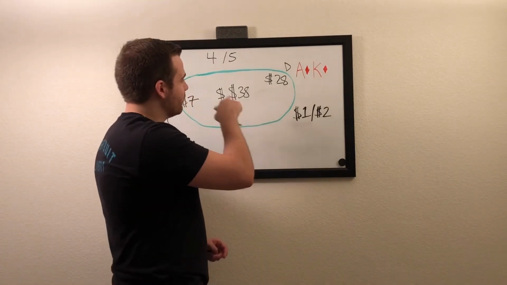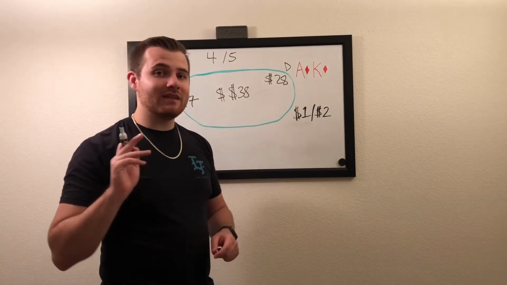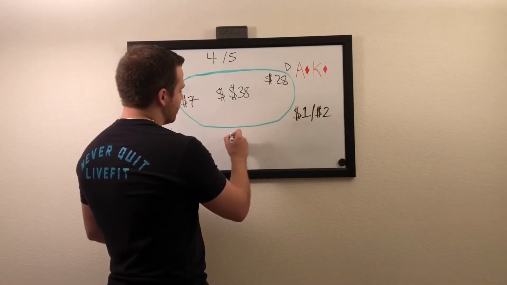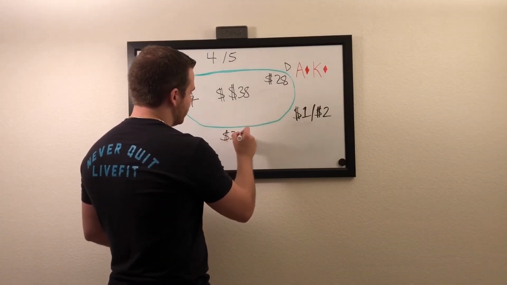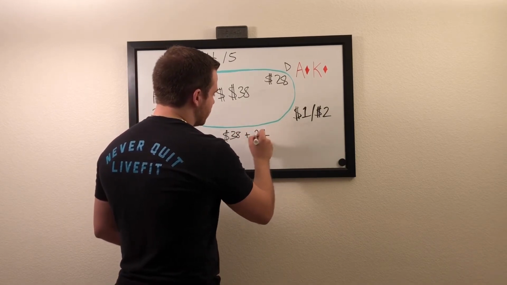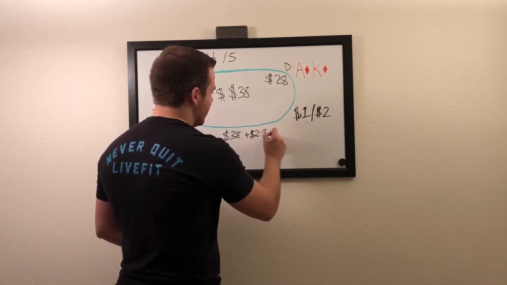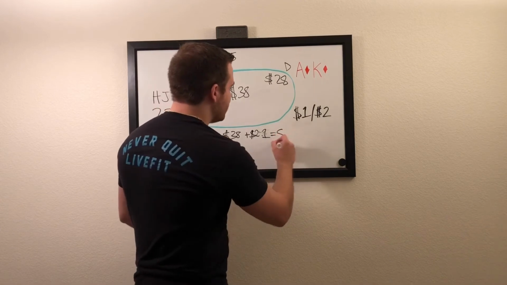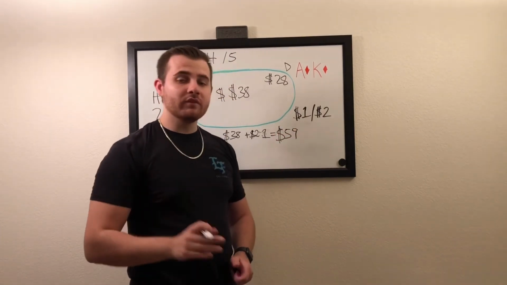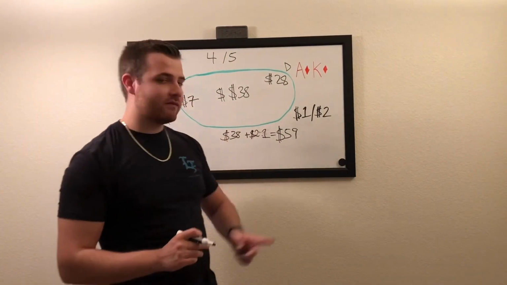So here we are, there's $38 in the pot. The opponent has 7 out there, which means that they need to call 21 more. So we take $38, add $21, and that brings you out to $59. That's $59 with the opponent's 21 that they have to call.